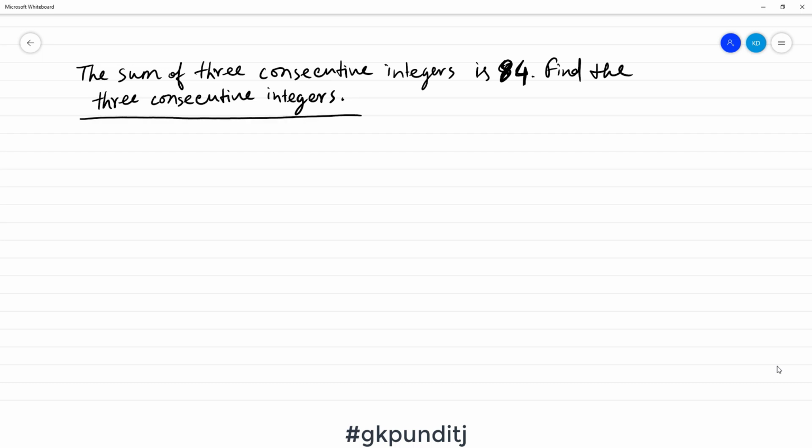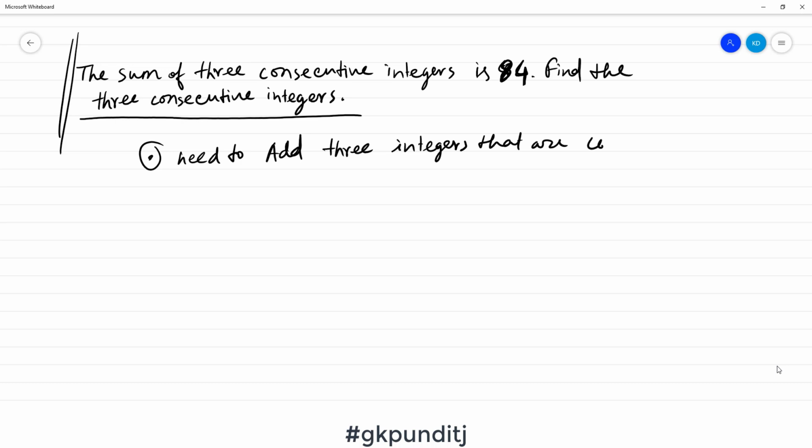Now we're going to solve this, and the first step to solve this word problem is to find out what information is available here, that is, the given information. For this problem, we need to add three integers that are consecutive.